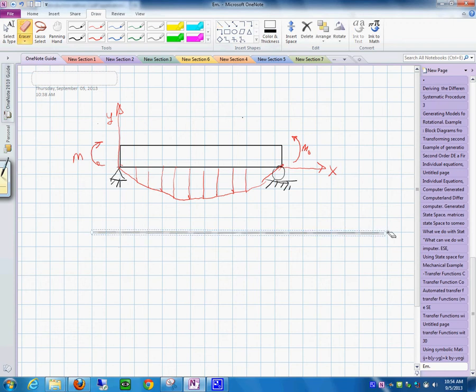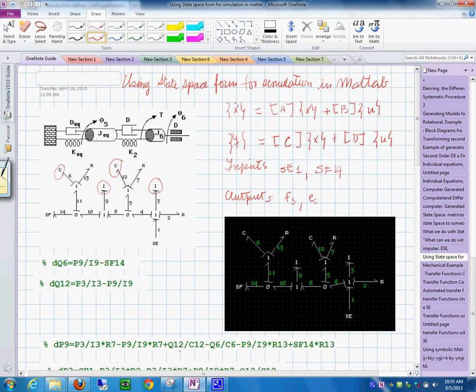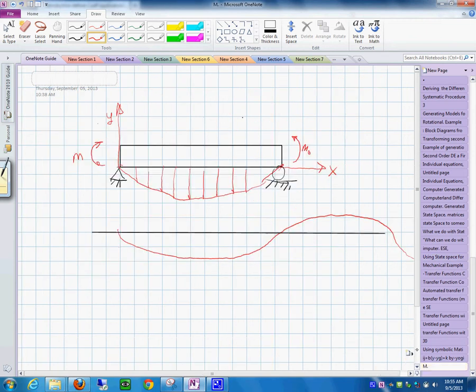Let's say this is the line that I'm trying to describe. I draw a function like this. You see, this is an approximation to a sine function.